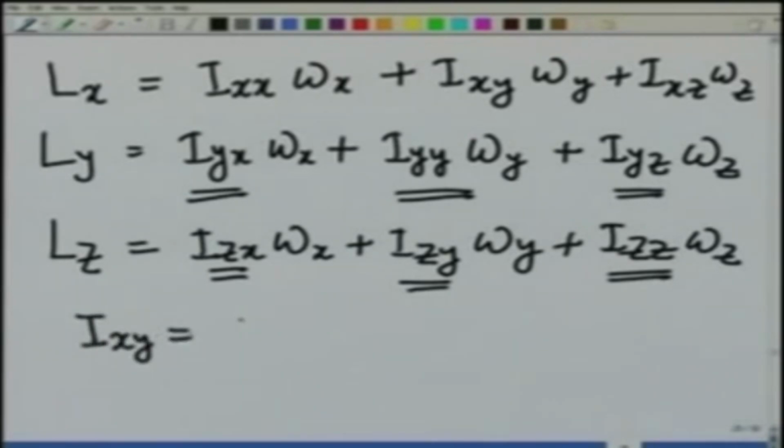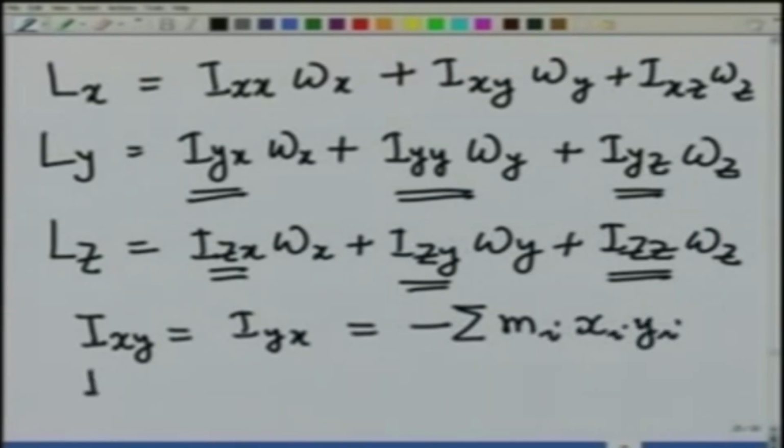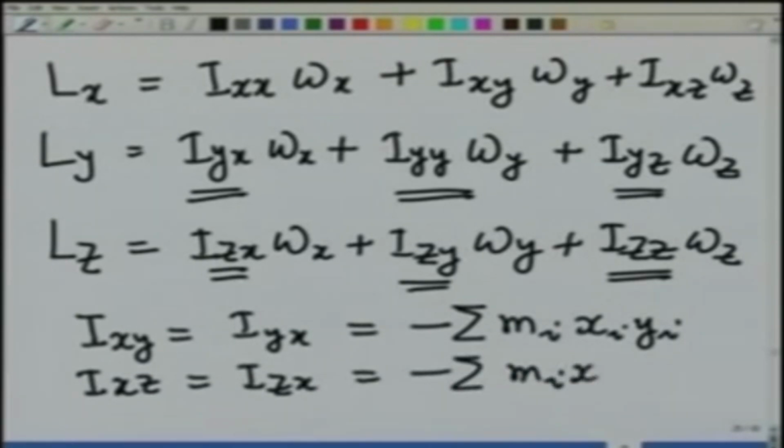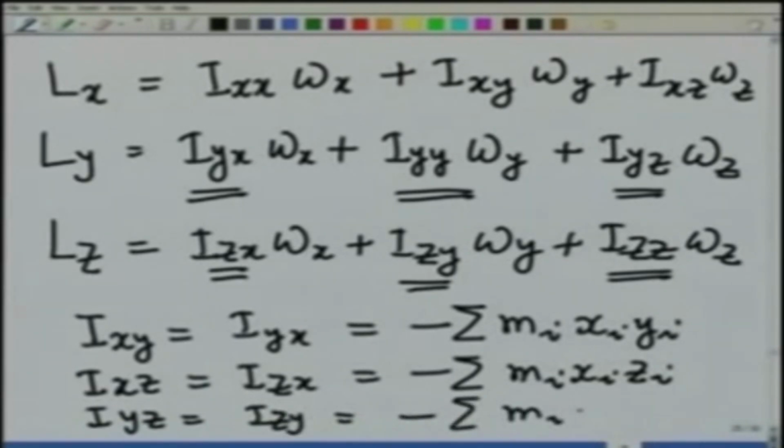Ixy is equal to Iyx, which is equal to minus summation mi xi yi. Ixz is equal to Izx, which is equal to minus summation mi xi zi, and Iyz is equal to Izy, which is equal to minus summation mi yi zi.